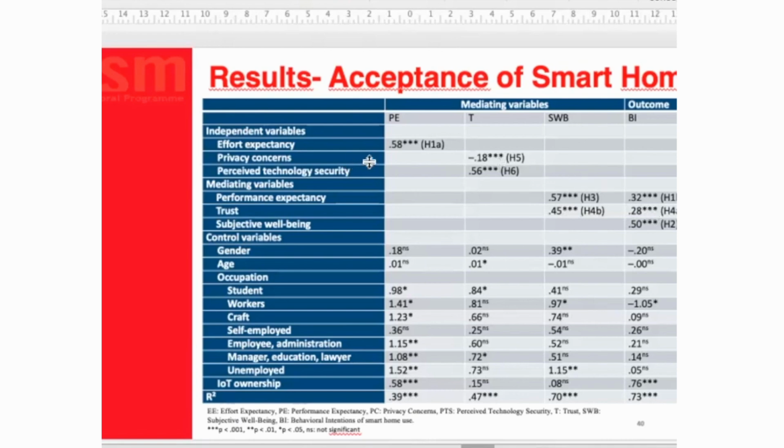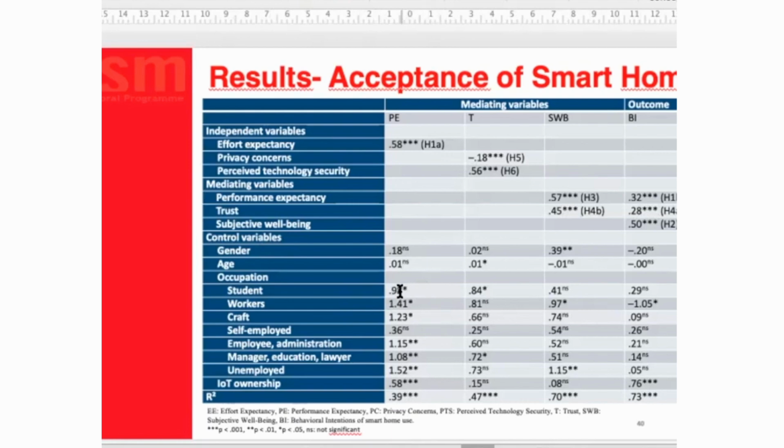You can see in line with our hypothesis that privacy concerns negatively impact trust highly significantly, and that technology security also highly significantly and positively impacts technology trust. So we confirm all our hypotheses. You can also see our control variables, that very few are significant.